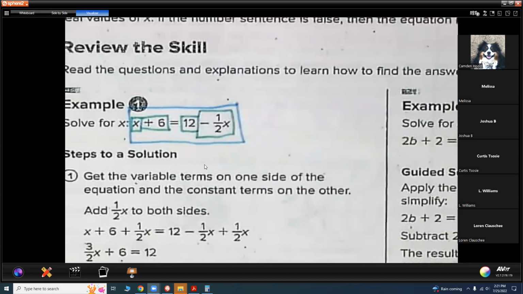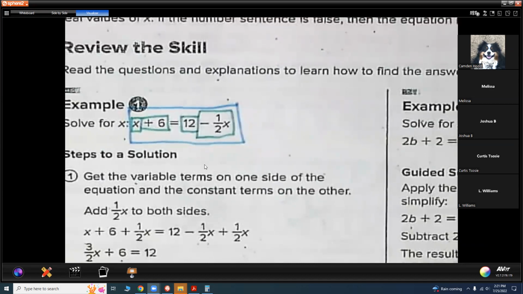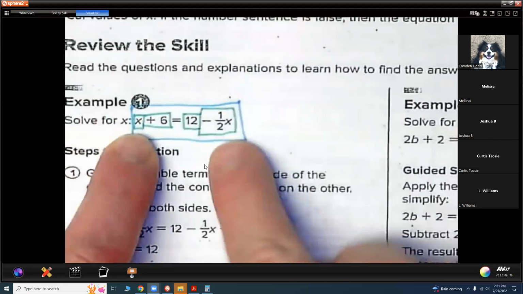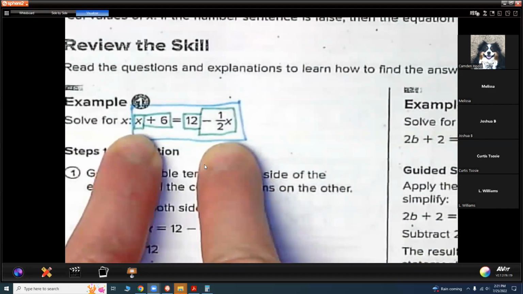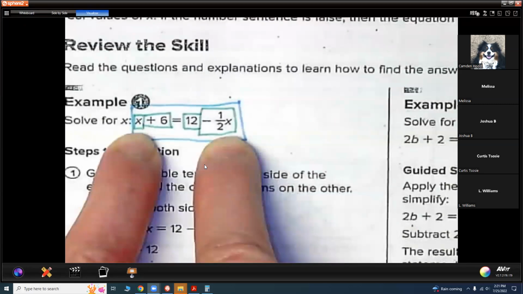The 6 and the 12. Okay, are there any other like terms? No. So x and negative 1/2 x, those aren't like terms?